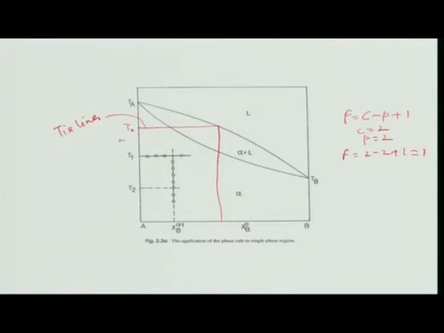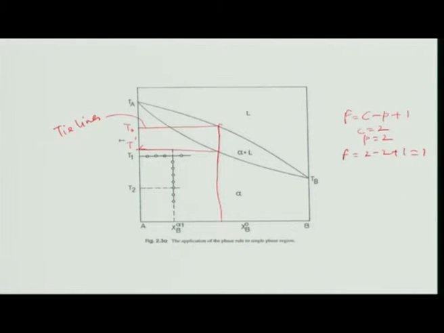Why? Because this composition will melt at temperature T0, very easily. It will start melting at this temperature, suppose T dash, and it ends melting at T0, because that is the liquidus, this is the solidus. Below the solidus everything is solid, above the liquidus everything is liquid. So in between only the solid and liquid region is present.